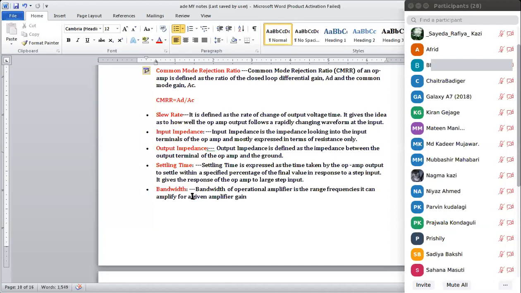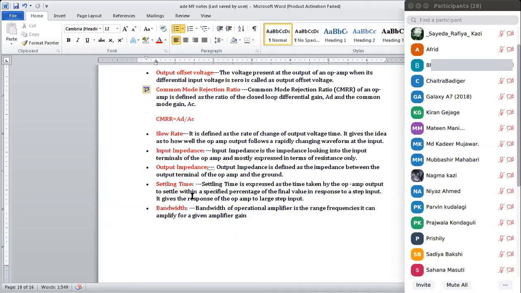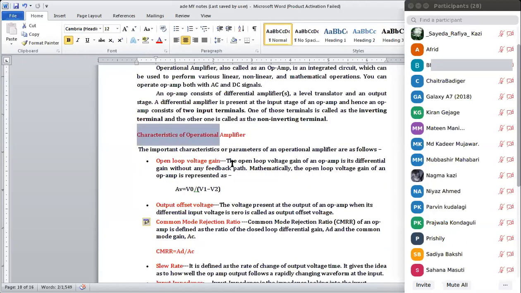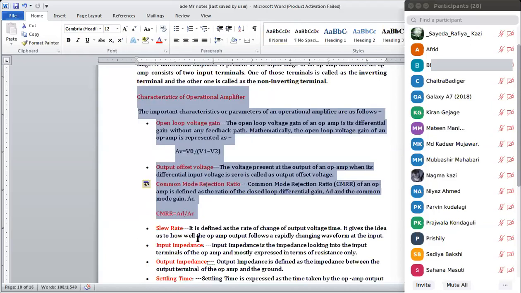So the bandwidth is one range that is applied to the operational amplifier for the purpose of amplification. These are important and may be asked in the exams: what is an operational amplifier, and the characteristics of an operational amplifier.